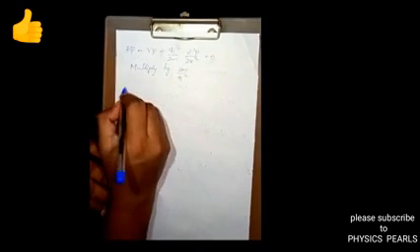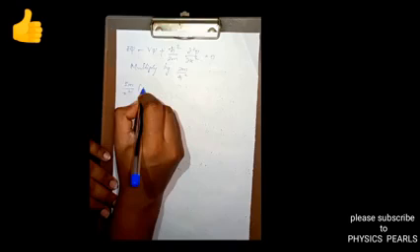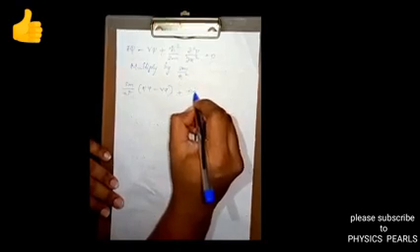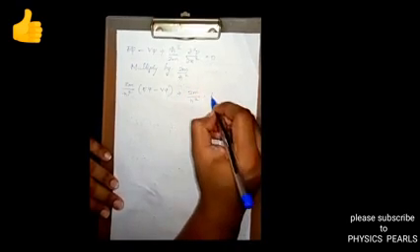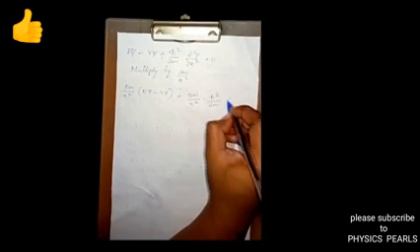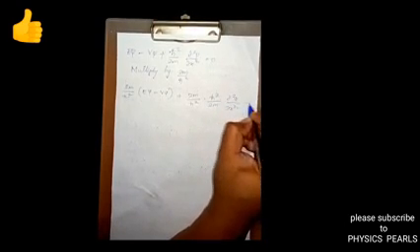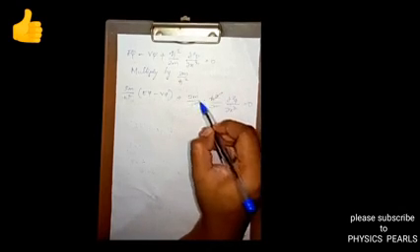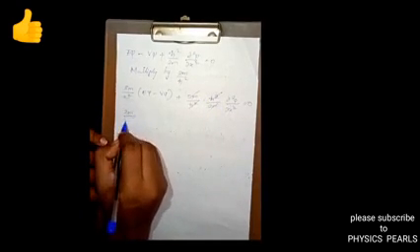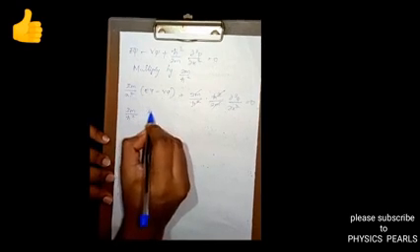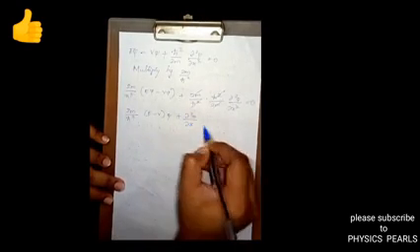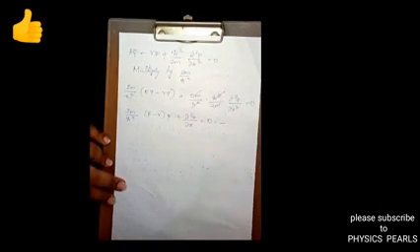So now it takes 2m by h cross square into (E psi minus V psi) plus 2m by h cross square into h cross square by 2m into dou square psi by dou x square is equal to 0. So here h cross square cancels, 2m cancels, so the remaining term is 2m by h cross square into (E minus V) of psi plus dou square psi by dou x square is equal to 0.